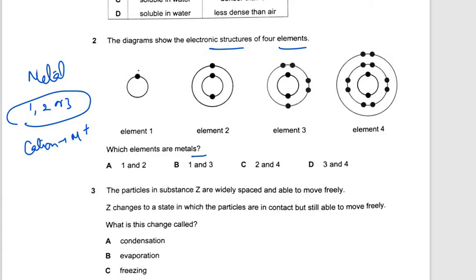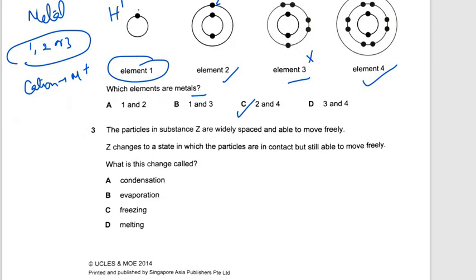Now let's see the options. Element 2, yes, because it has 1 electron. Element 3, if you look, there are 5, so no. Element 4 has only 2, so yes. So option 2, 4 is the only correct option. Now you will ask me, what is this? This is the element hydrogen, which has just 1 electron, and this is not a metal.